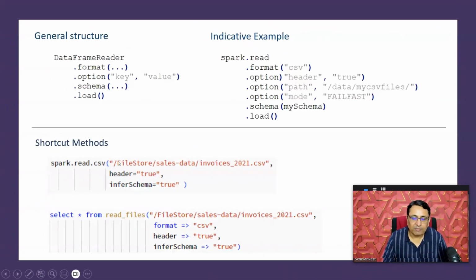Reading data in Spark is done through the DataFrame Reader API. And how do you get the DataFrame Reader API? It is spark session dot read. This attribute gives you a DataFrame Reader object. And once you have the DataFrame Reader object, you can execute different kinds of methods on it to define how to read data and from where to read data.